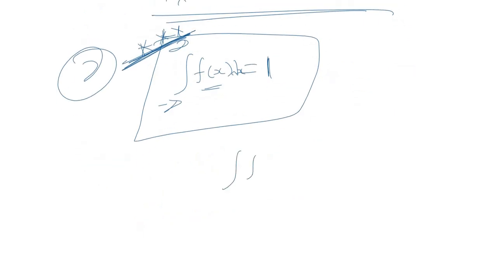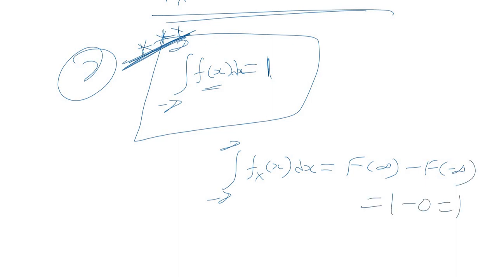If you look at this integral, it is nothing but equal to F of infinity minus F of minus infinity, and that is equal to 1 minus 0, that is equal to 1. And the third property we have already discussed, that is the CDF can be derived by taking the integral of the PDF.